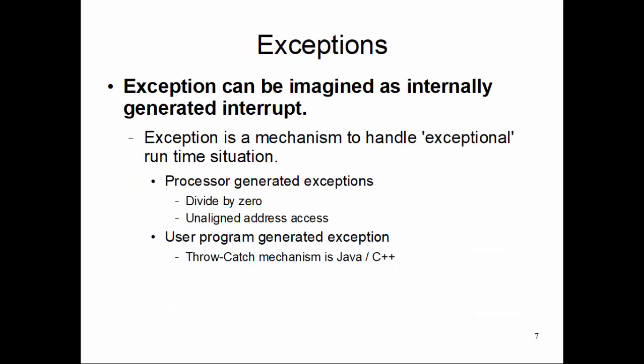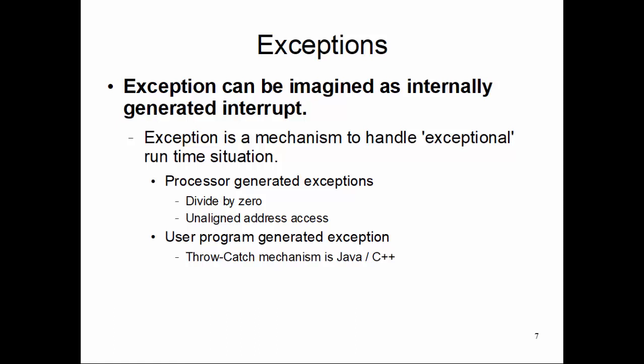Now about the exceptions, since I mentioned them in the previous slide: an exception can be imagined as an internally generated interrupt, meaning internal to the processor. It is generated from the processor itself. Interrupts in general come from external devices or peripheral devices, but an exception you can imagine as an internally generated interrupt.